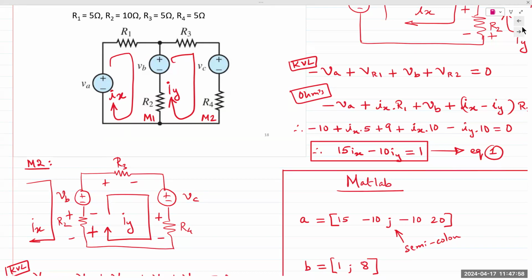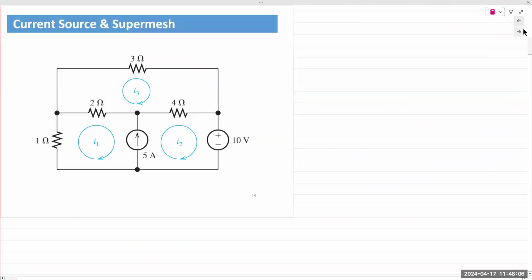All right. Any questions? Okay. Then let's look at what a super mesh is. A super mesh, like a super node, is simply a shortcut. We need that approach because the voltage across a current source cannot be described.